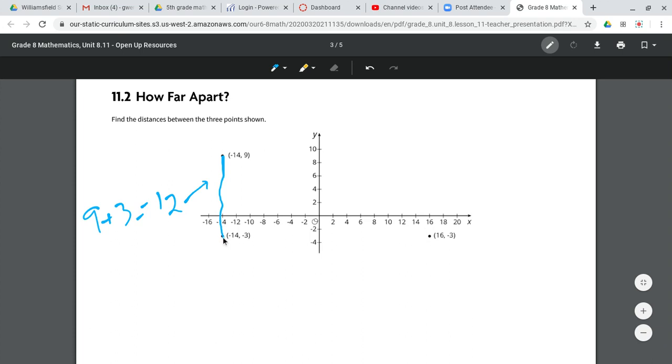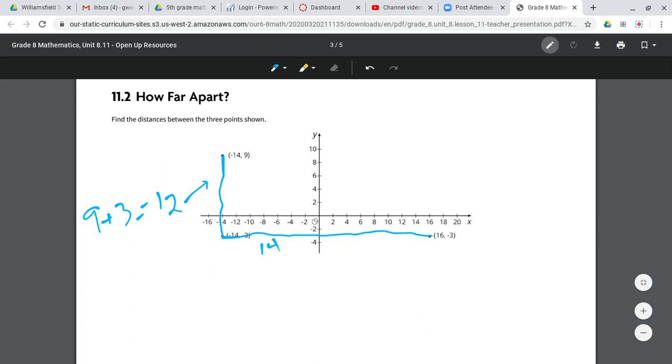Now we need to find the horizontal length. And once again, let's pretend this is a nice straight line, since it's clearly very far from that. So in this case, we're going from -14 for an x value to positive 16. So from -14 to 0 is 14.